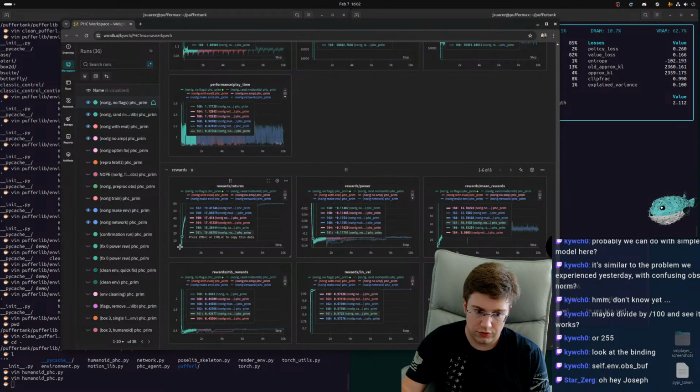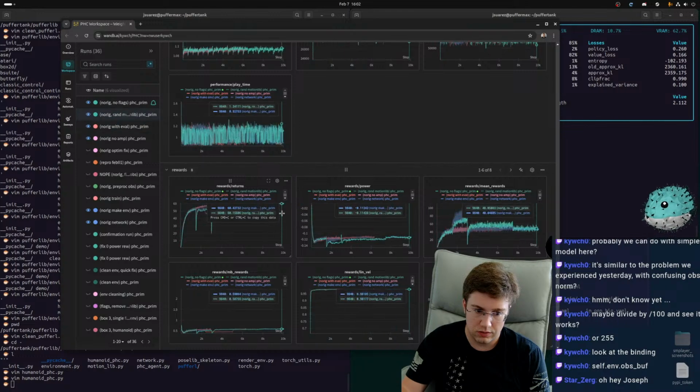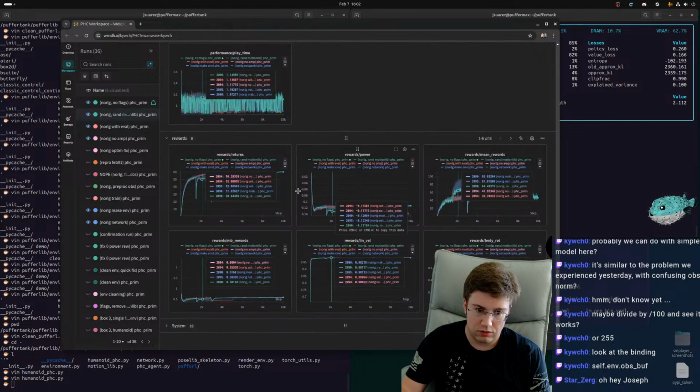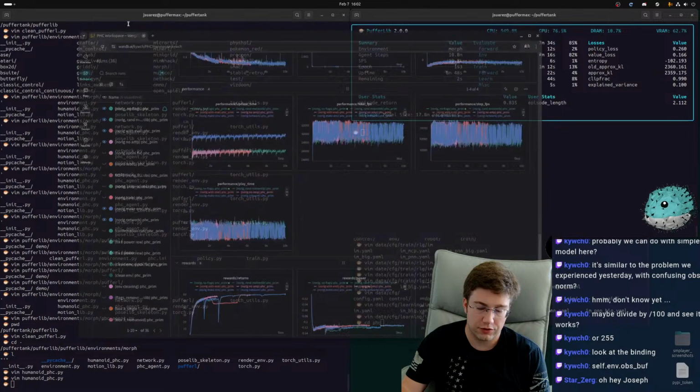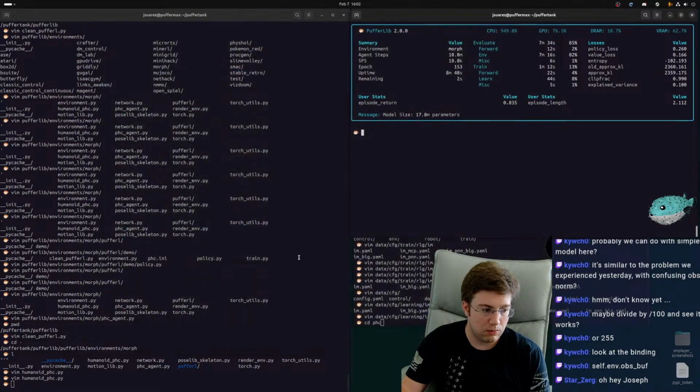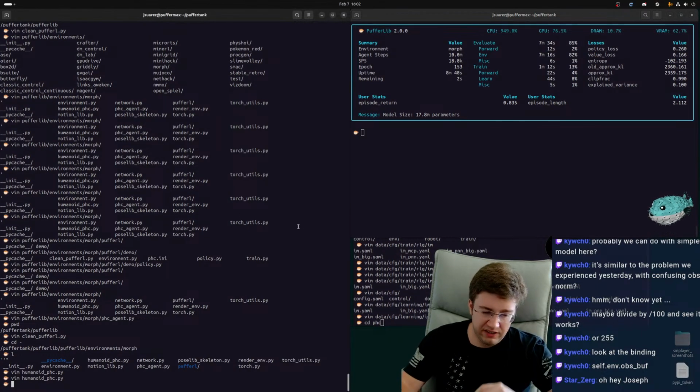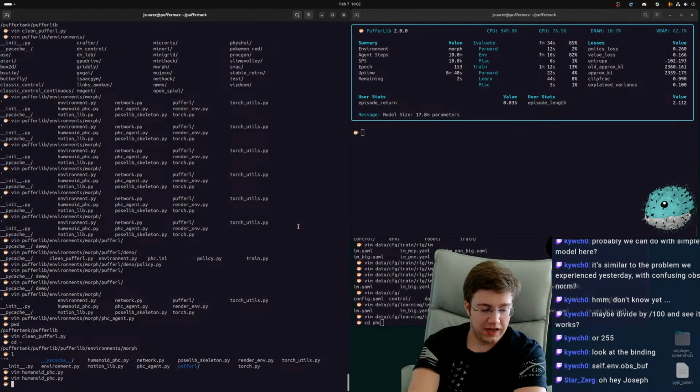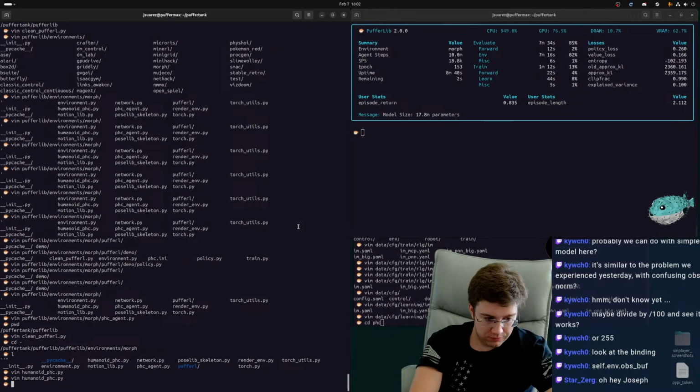And then return starts very low. And okay, it's supposed to go up. So we are logging returns. So let's figure out the extra weird reward that they added, and then we'll go from there. We'll do that.